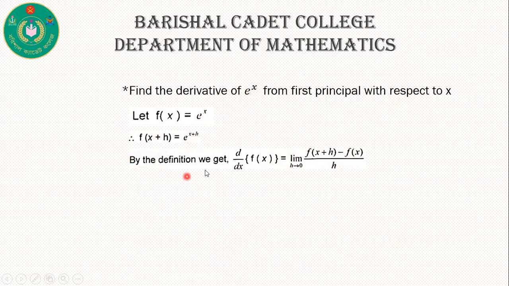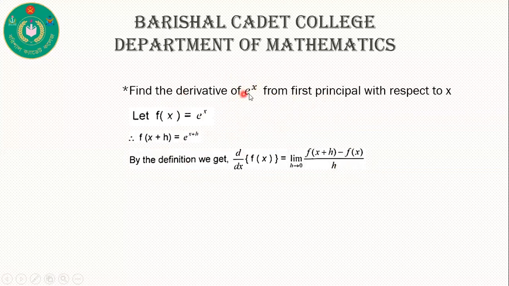By the definition of derivative, we know d by dx f of x is equal to limit h tends to 0 f of x plus h minus f of x by h. This part is the same for all questions when you solve from first principle.